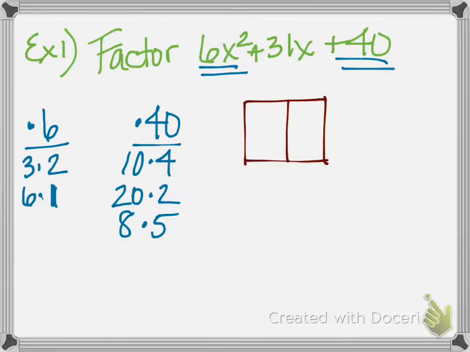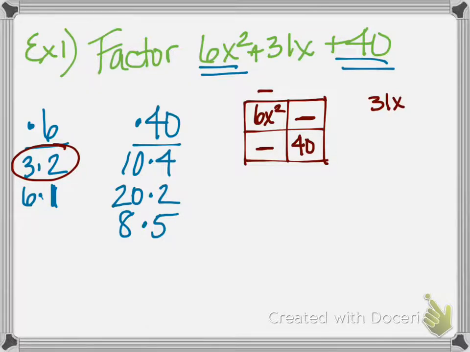I'm going to start with this factor pair for 6x squared. So this is 6x squared, this is 40, and I'm trying to figure out what is going to go here and here so that when I add those two up, I get 31x. So I need numbers here, here, here, and here.